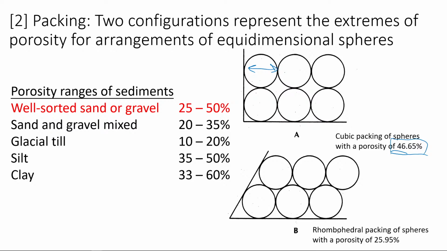But with this other type of packing, the porosity would be this. So with this packing, you get the lowest porosity. With this packing, you get the highest porosity, and porosity values will differ in between.